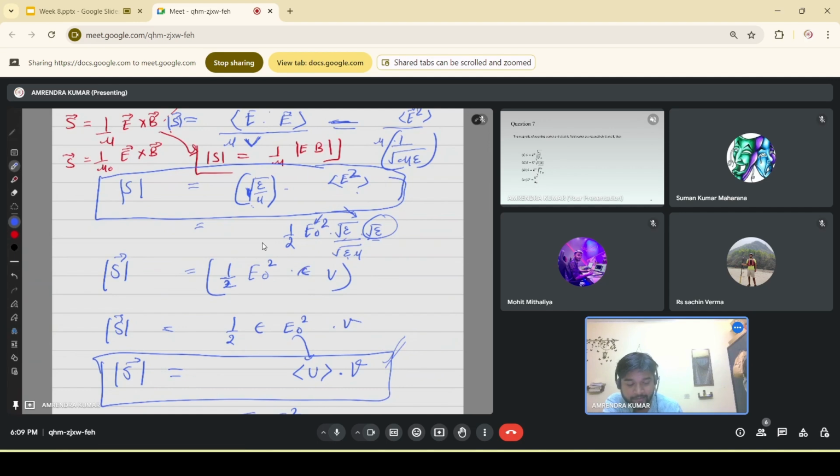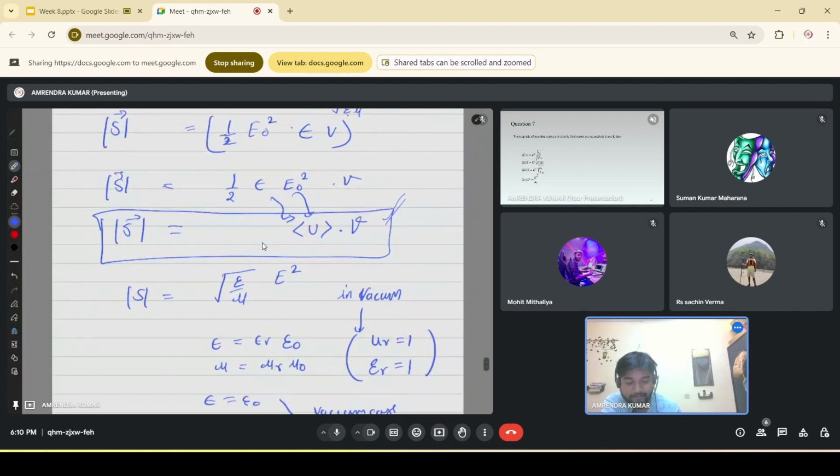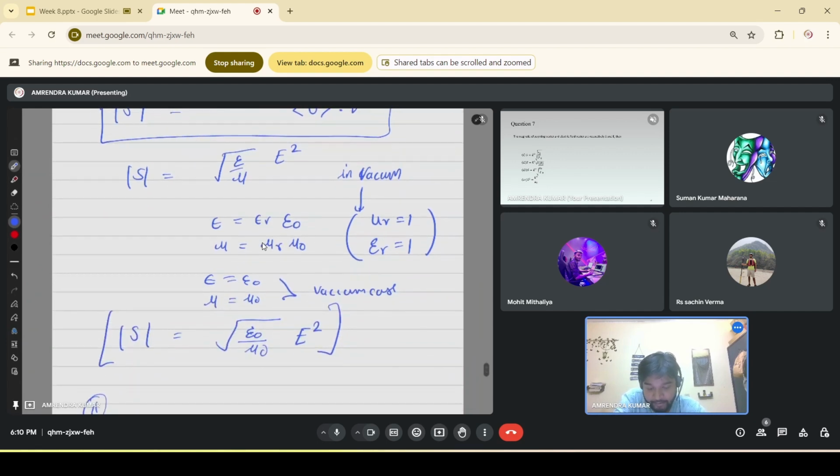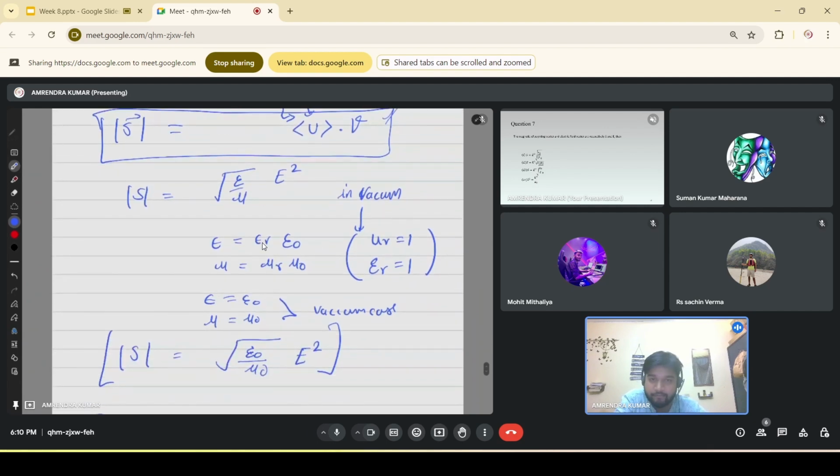We put it back, so it becomes epsilon into V, and now simplified it's like this. But we know that this is the energy density, and this is V, the velocity. So it's a multiple of the energy density into the velocity magnitude. Now this is the Poynting vector. So the Poynting vector in a vacuum is proportional to this. Ignore the half factor for now.